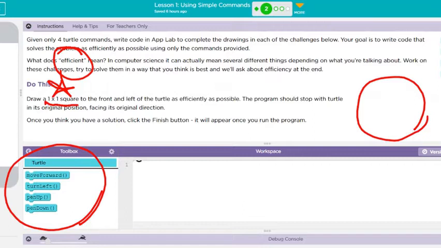So we have to remember that. This diagram over here is starting up. So it's going, move forward up.